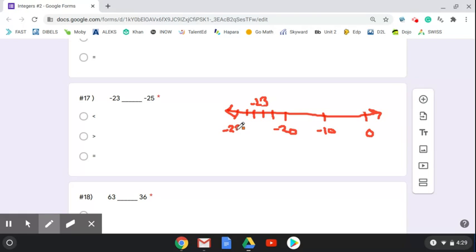So when looking at these numbers on the number line, I want to know which one's bigger. Well, which one's further to the right on the number line? Is negative 23 further to the right, or is negative 25? You should say negative 23, right? So negative 23 is greater than negative 25.